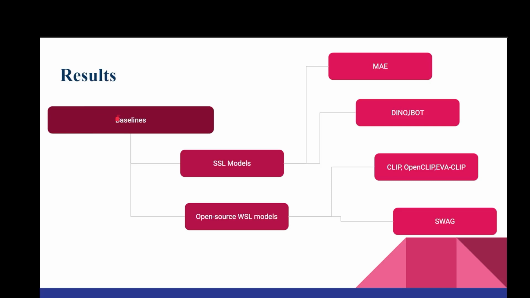When it comes to the baseline SSL and WSL models that are publicly available, SSL models such as MAE, Dino, iBot are compared with DINOv2, and WSL models such as Clip, OpenClip, EVA Clip, Swag are compared with DINOv2.